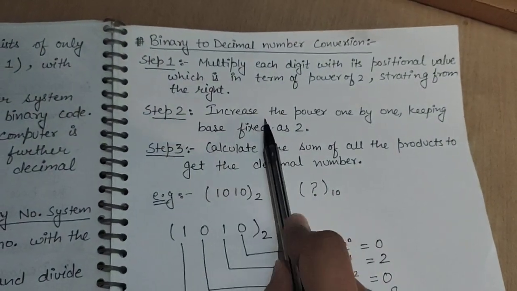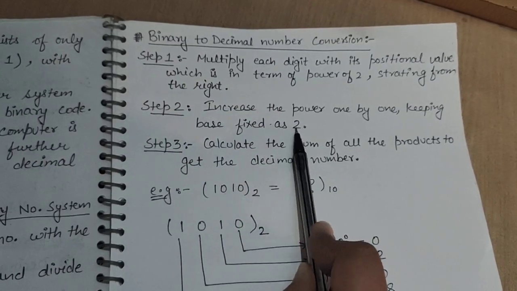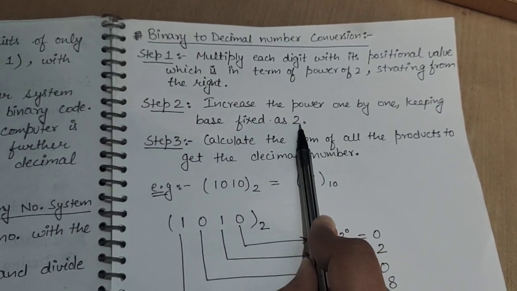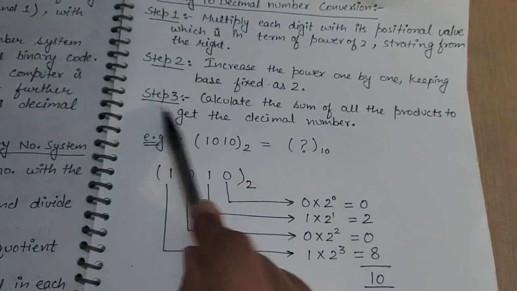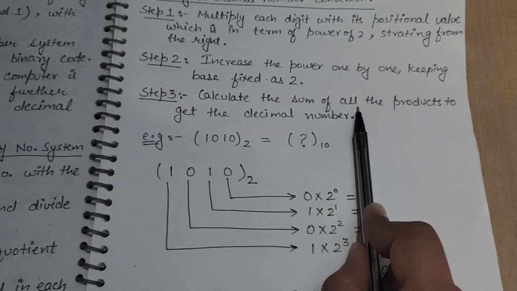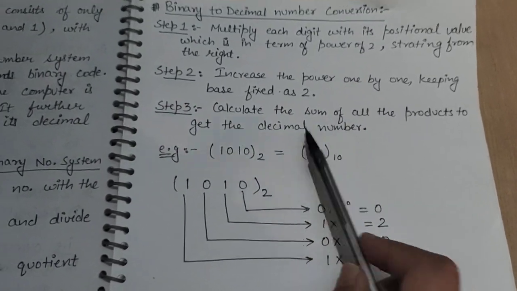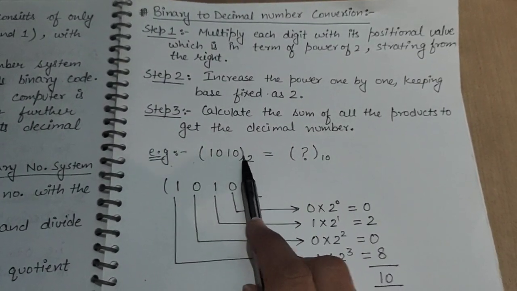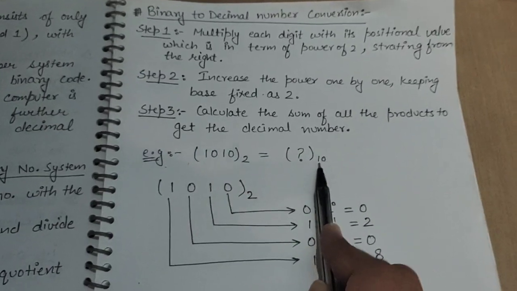Step 2, increase the power 1 by 1, keeping the base fixed as 2, because we are converting the binary number into a decimal number. Step 3, calculate the sum of all the products to get the decimal number. So let us take an example, that is 1010 with base 2. We have to convert this into a decimal number.